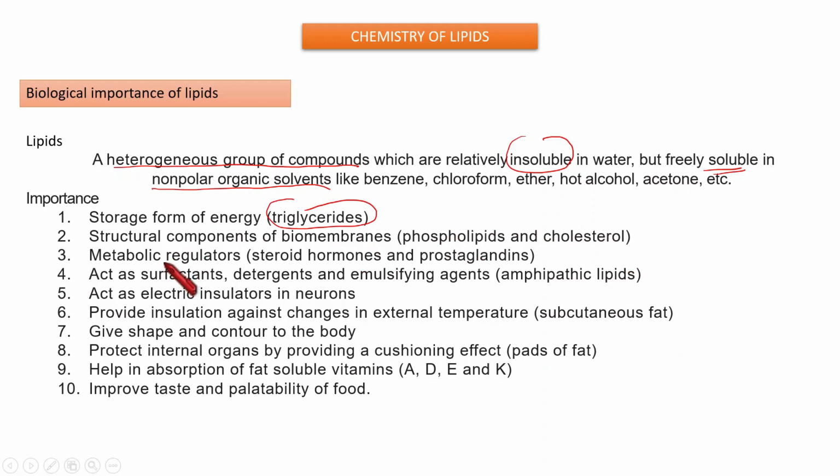Third importance is that they act as metabolic regulators. How? In the form of certain hormones. Which type of hormones? Steroid hormones and prostaglandins. In the form of these hormones, they can regulate the metabolism. Fourth point, they can act as surfactants, detergents, and emulsifying agents as they are amphipathic lipids.